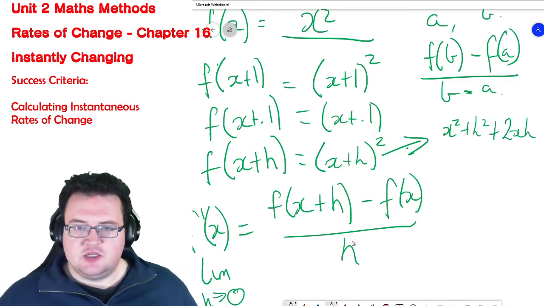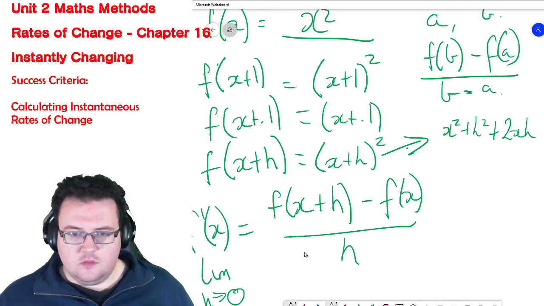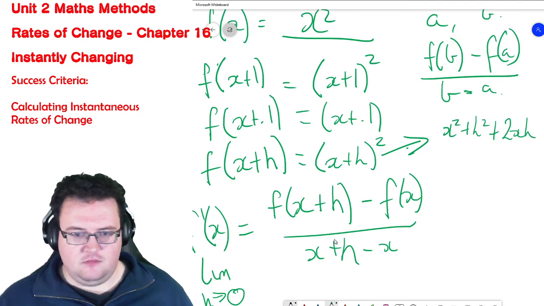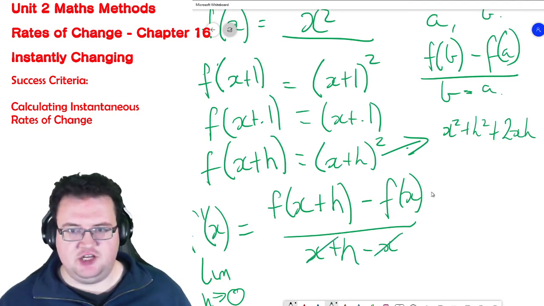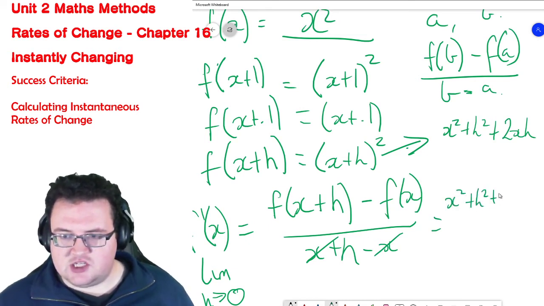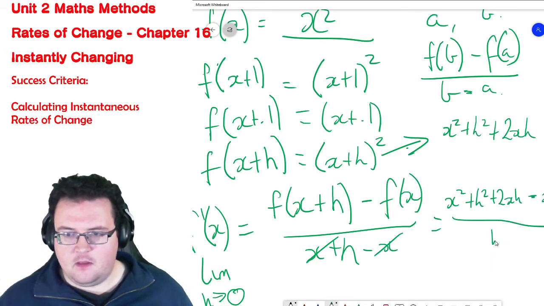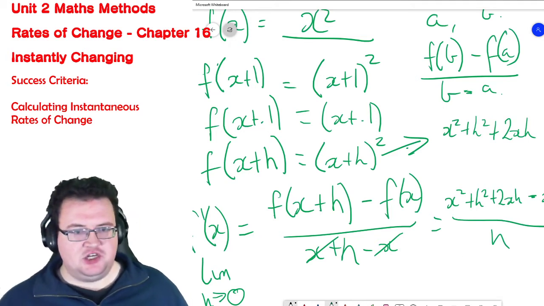Cool. By the way, this is x plus h minus x, and we can just cross those out and leave h. So that's going to be x squared plus h squared plus 2xh minus x squared, all over h.